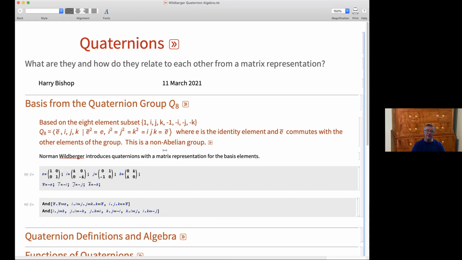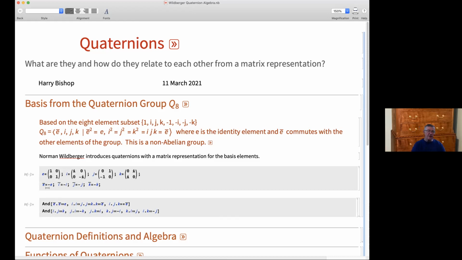And if you take this and form it as Wildberger did, you set E equal to the identity element, the identity matrix 2 by 2, I equal to the matrix as shown here, J the matrix 0, 1, minus 1, 0, and then K equal to 0, i, 0.